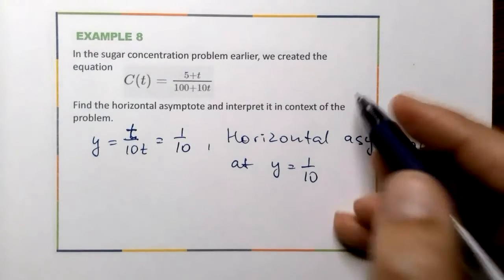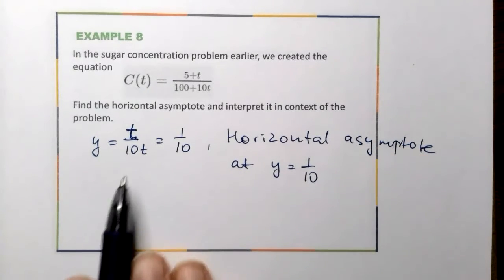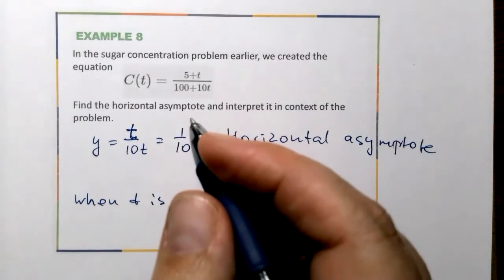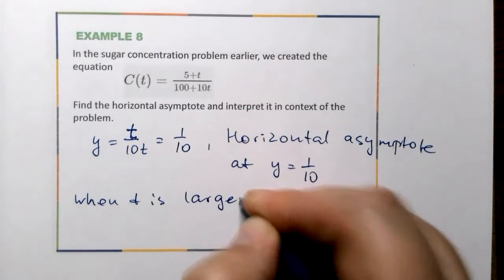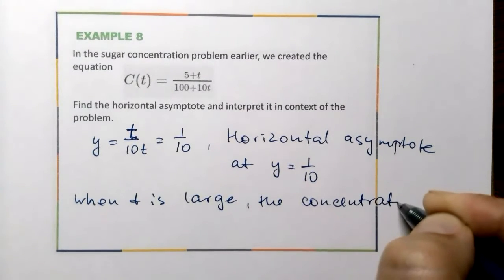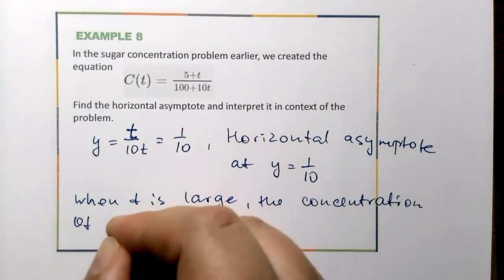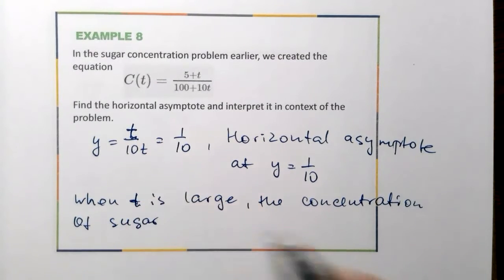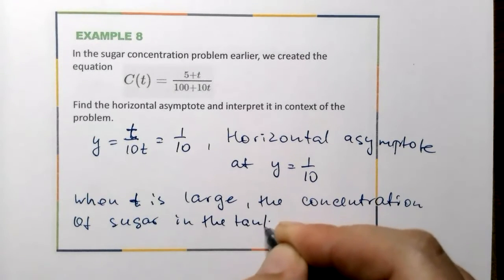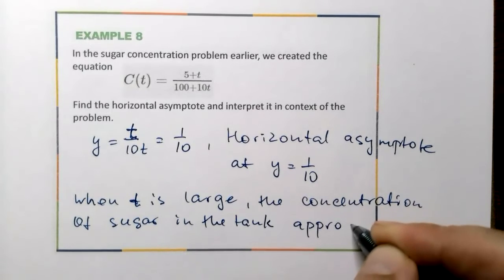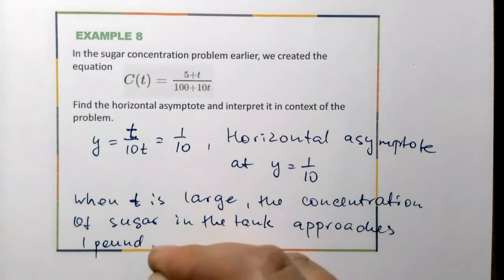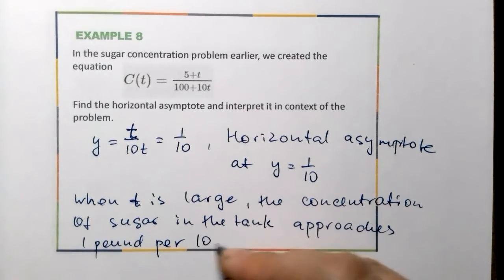Basically here what we found is that in the long run, when t is large, the concentration of sugar in the tank approaches 1 pound per 10 gallons of water.